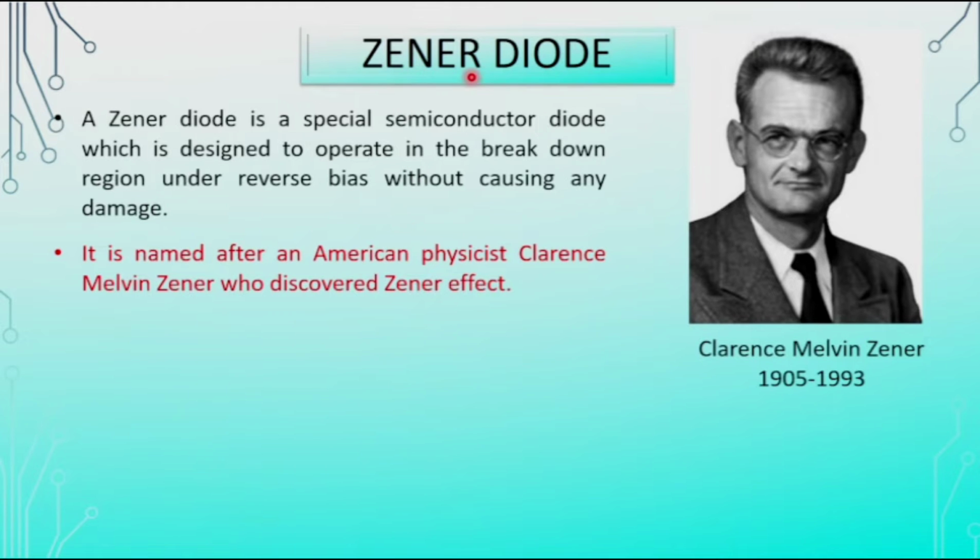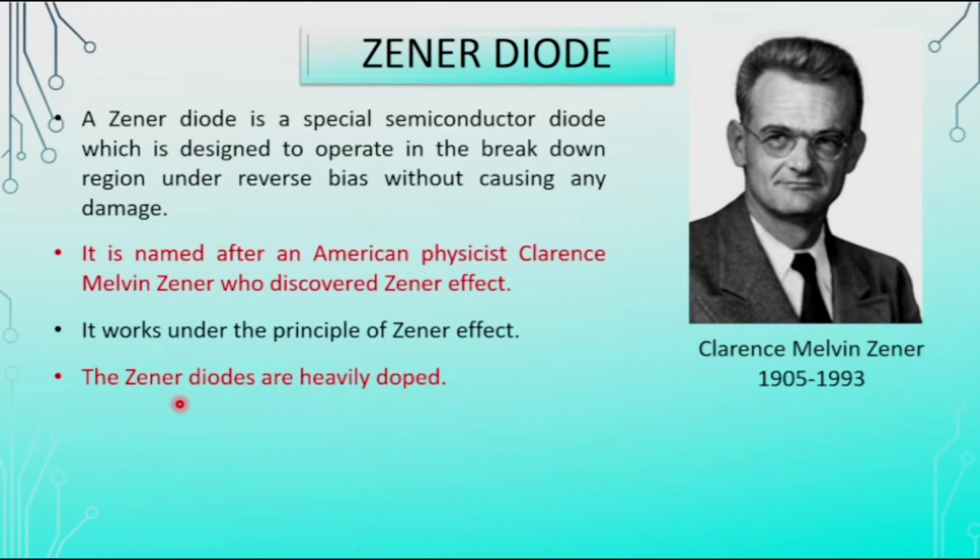This Zener diode works on the principle of the Zener effect, so the name is given as Zener diode. We have seen in the last video that to have Zener breakdown, the PN junction should be heavily doped, right? So Zener diodes are heavily doped.